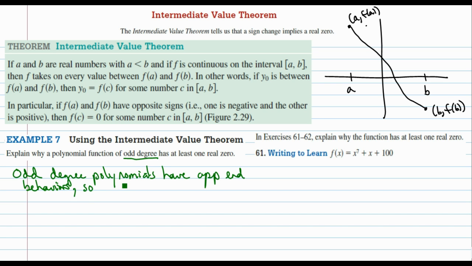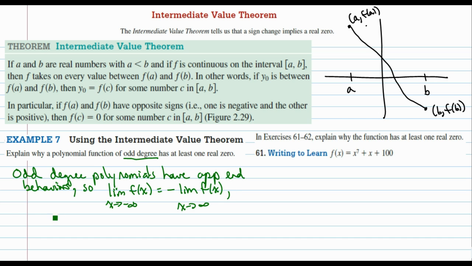So that means the left end behavior and the right end behavior are opposites of each other. So the limit as x approaches negative infinity, the left end behavior, is going to be the opposite of the right end behavior. Therefore, if one of them goes to positive infinity, the other one goes to negative infinity, and vice versa.